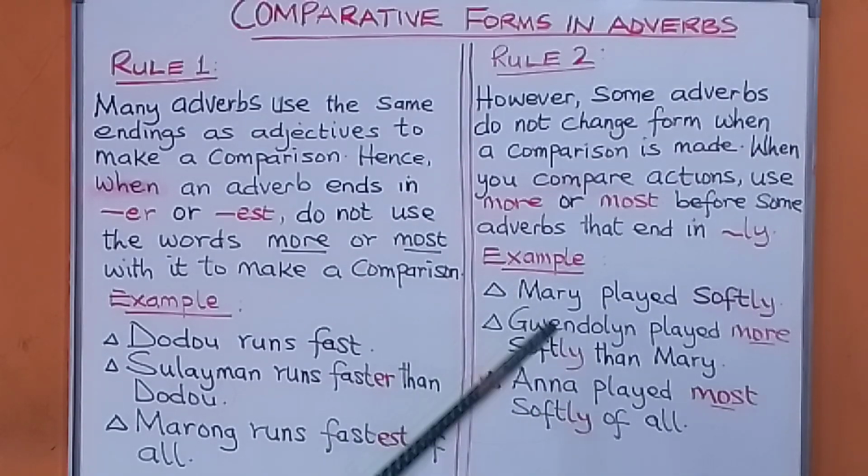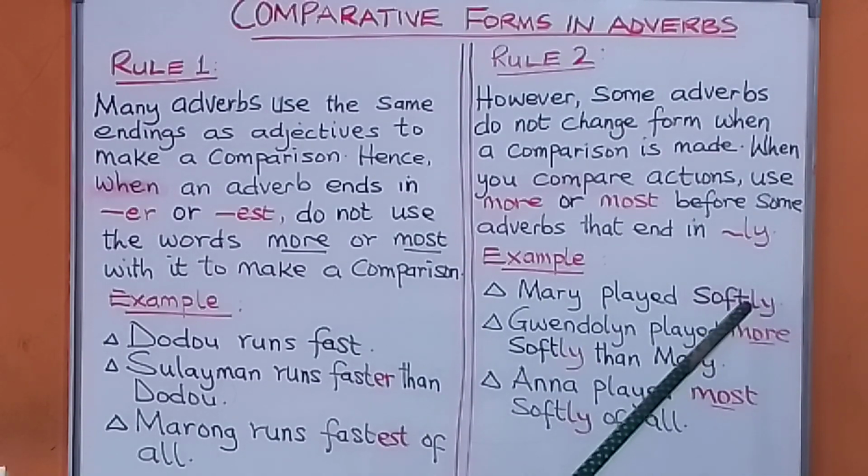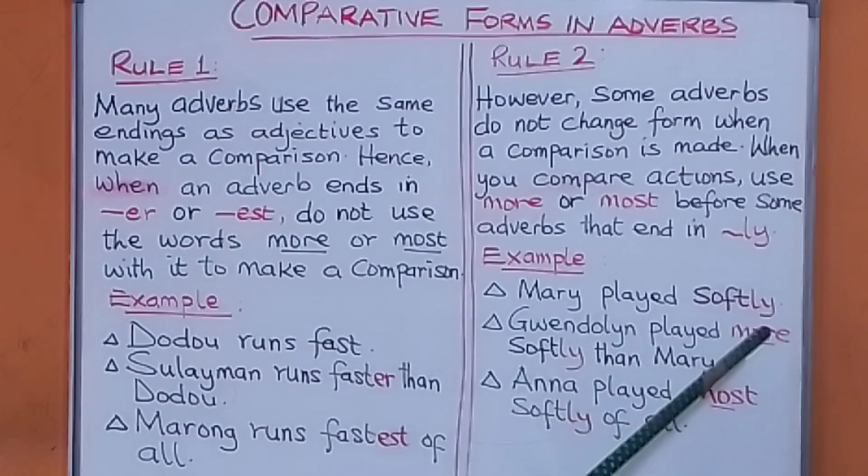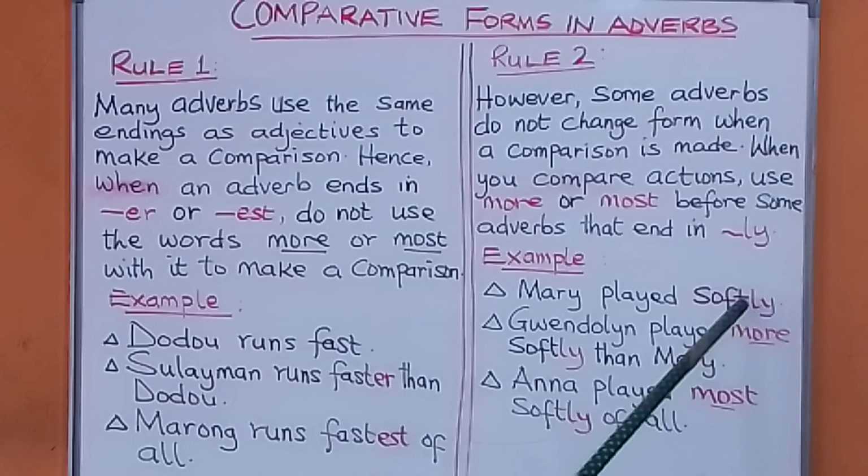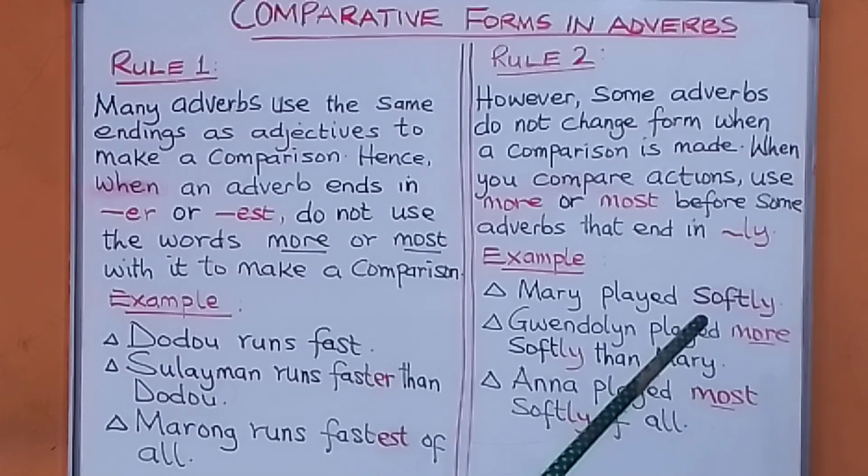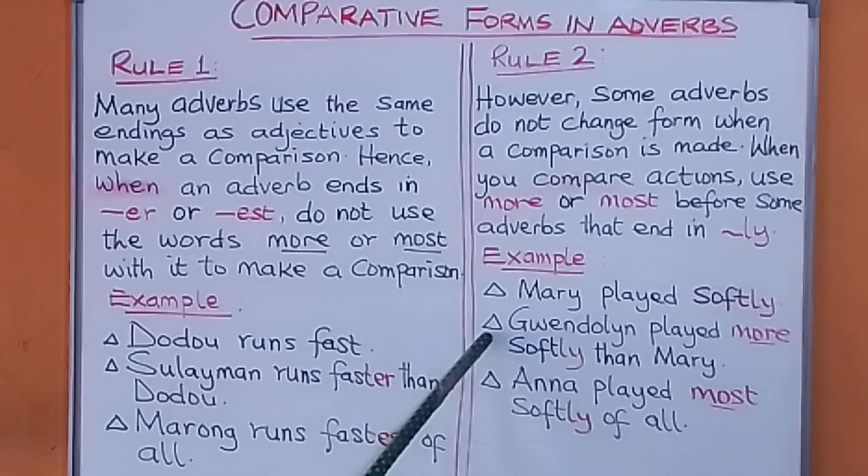Look at the example here. Mary played softly. This adverb ends in ly, so in this case, you don't change softly. What you do is add more or most. Look at the second sentence.